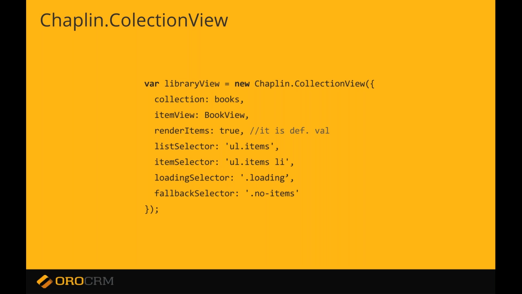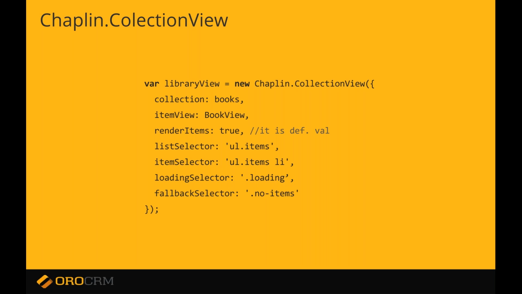After that, we provide four selectors for some elements inside. First, it's a selector for whole list. Second, it's selector for item, and the two last ones, it loading selector and fallback. So they will be switched automatically once collection is fetched.